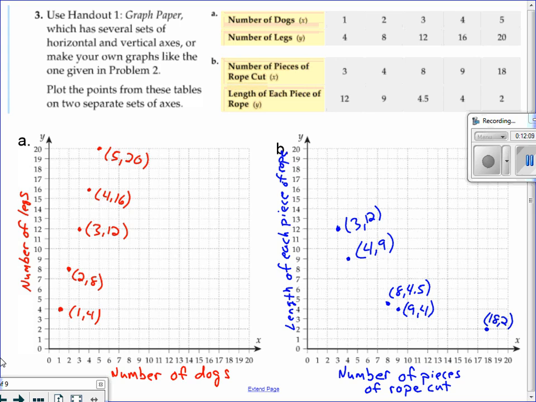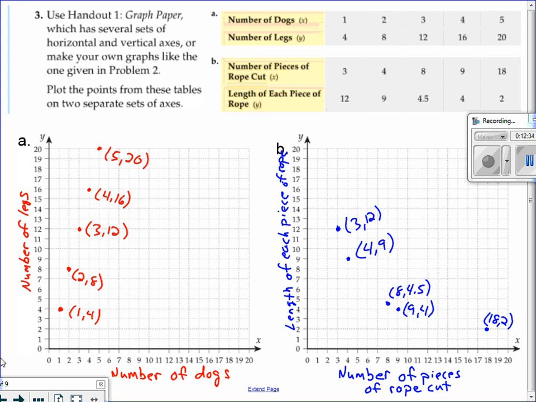Now on the other graph, the number of pieces of rope cut and the length of each piece of rope, here you'll notice that the y value is decreasing as the x value increases. Now again, you can see that in the table. If you look at the bottom row, the y's, it goes 12, 9, 4.5, 4, 2.